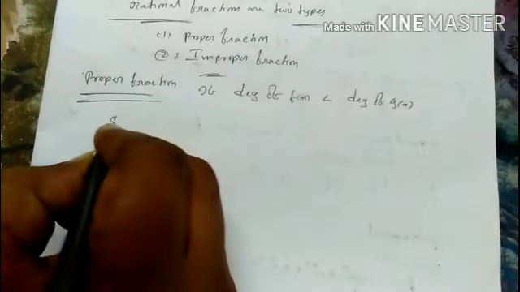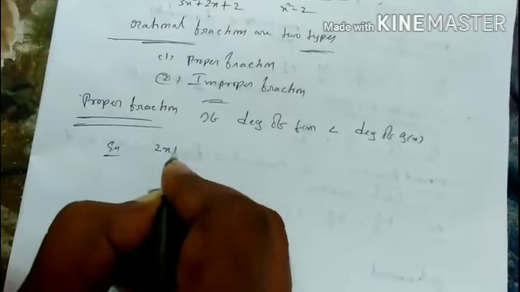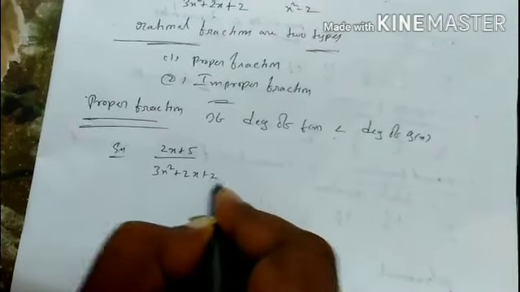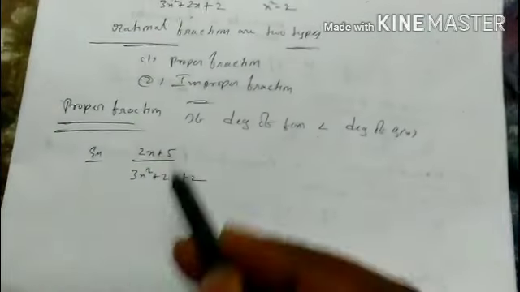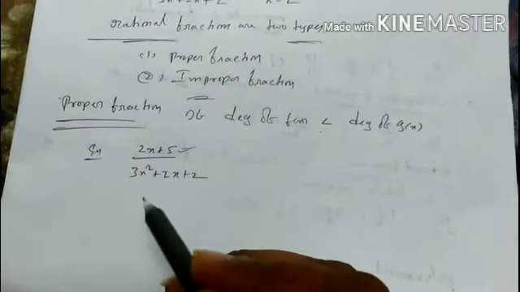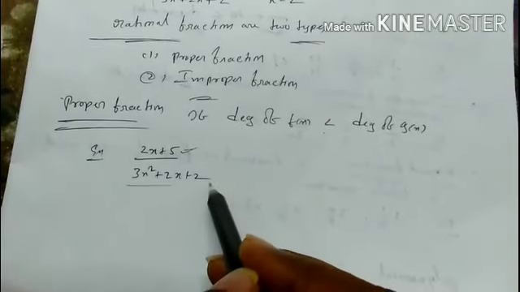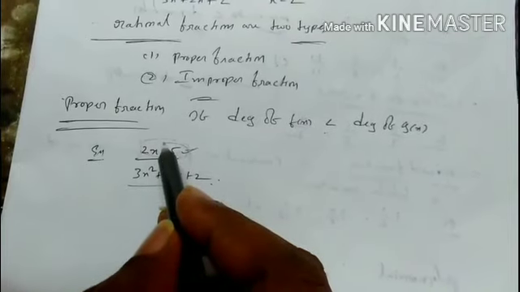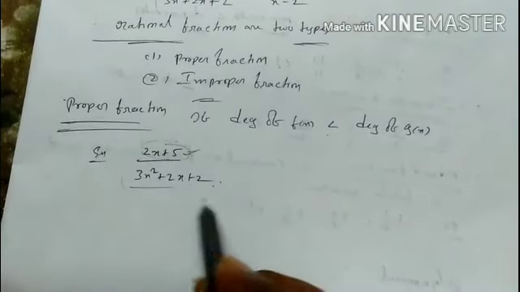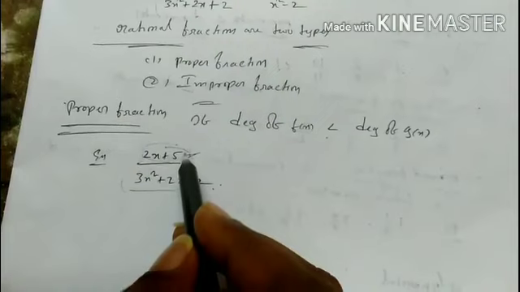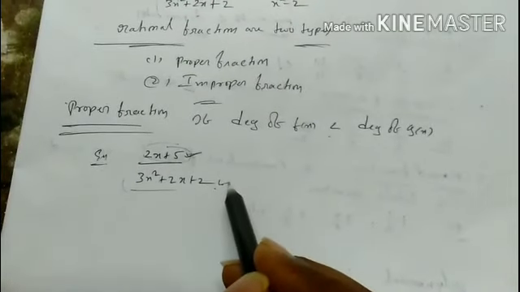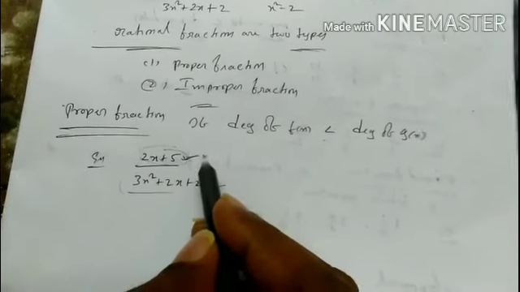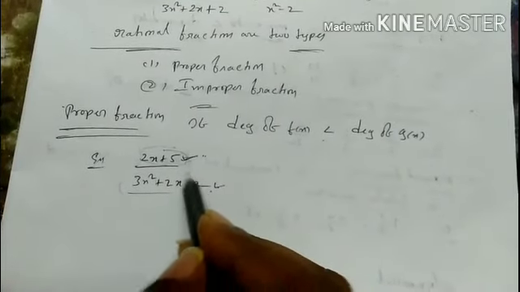Examples. 2x plus 5 by 3x square plus 2x plus 2. Clearly the degree of this polynomial is 1, the degree of the other is 2. That's why the degree of f of x is less than the degree of g of x. Clearly the degree of the numerator is less than the degree of the denominator.